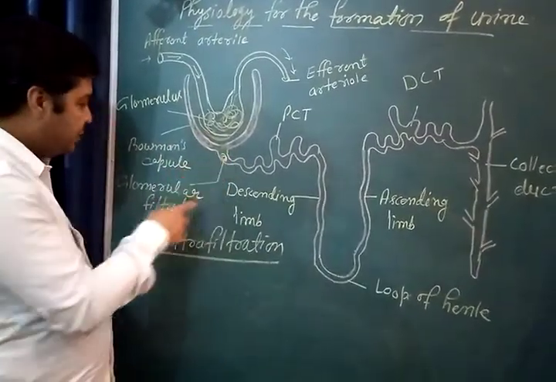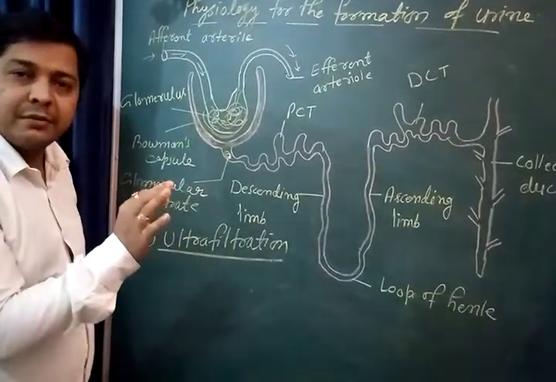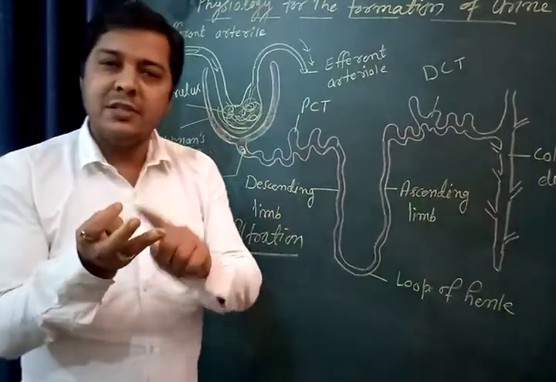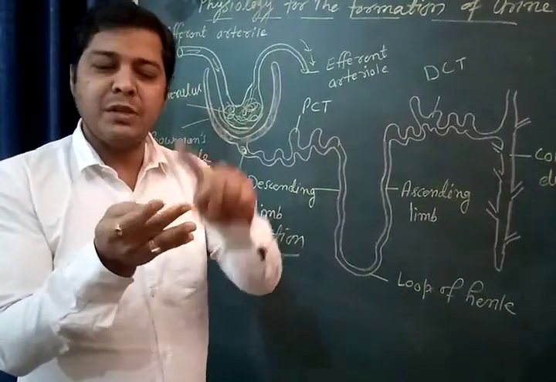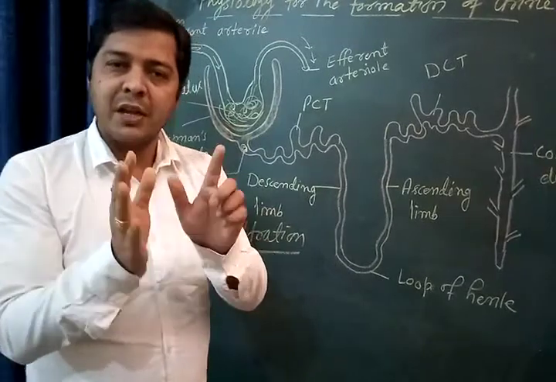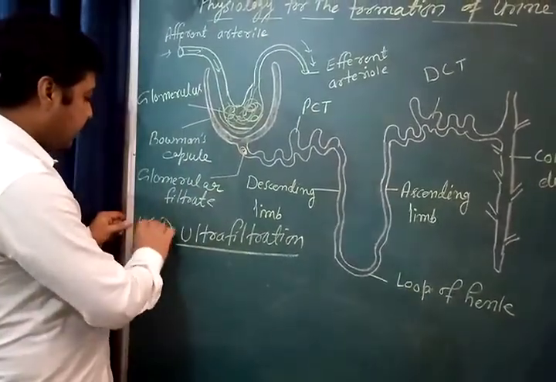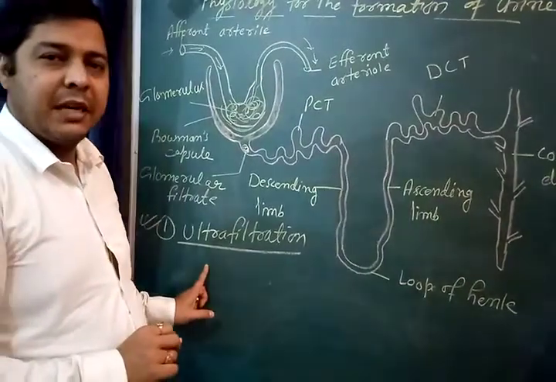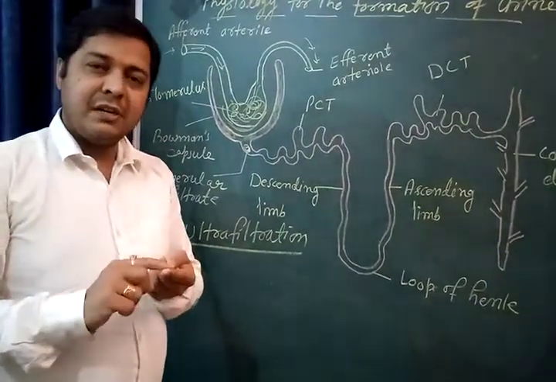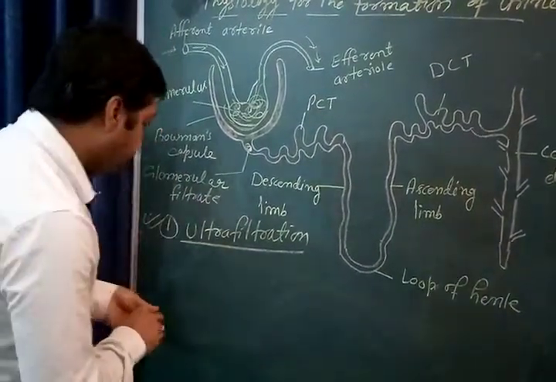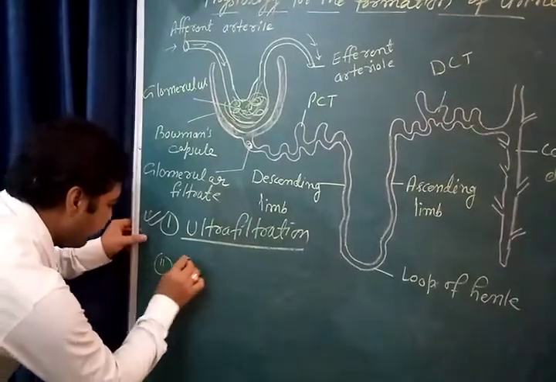That filtrate is called glomerular filtrate. It contains amino acids, some proteins, some glucose, some enzymes, some nutrients, right? So till here this process is defined as ultrafiltration. Clear? Now after ultrafiltration, the next process will start. What is the next process?